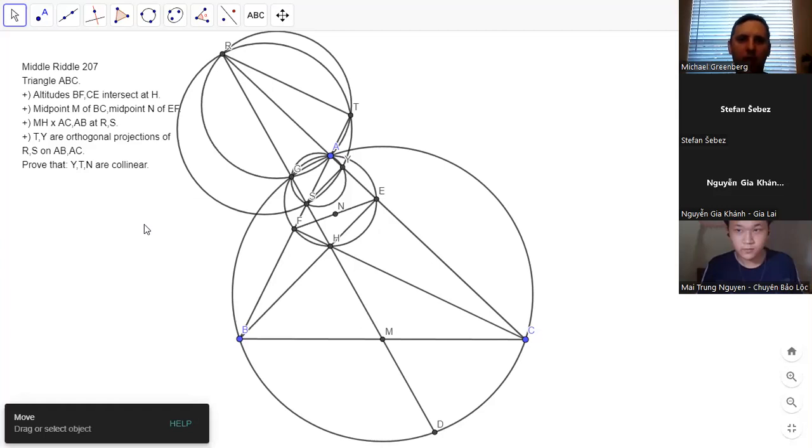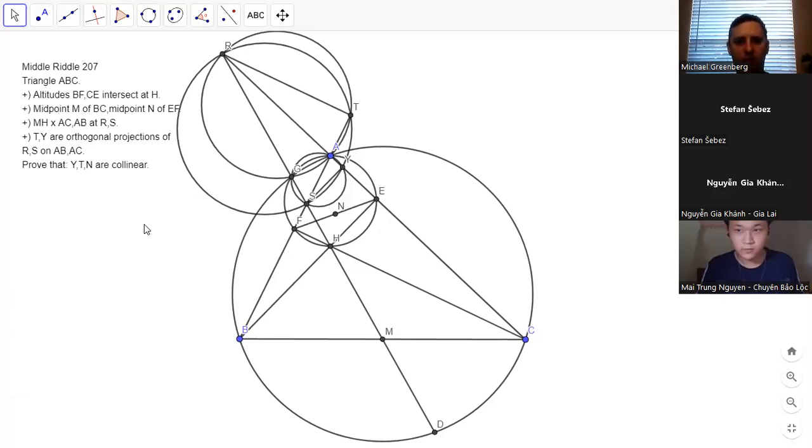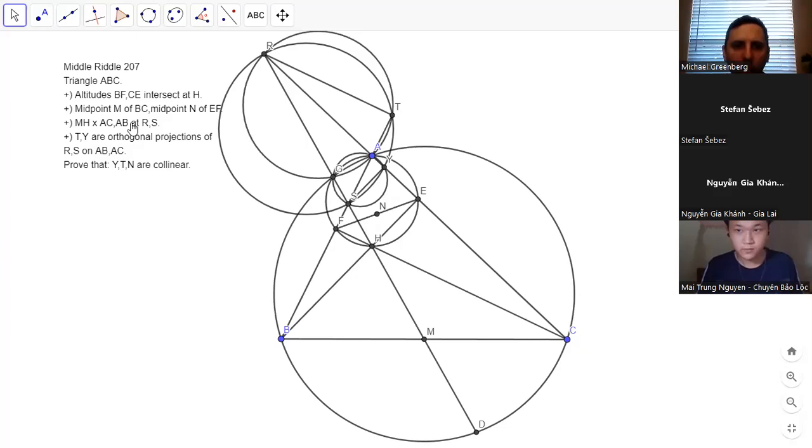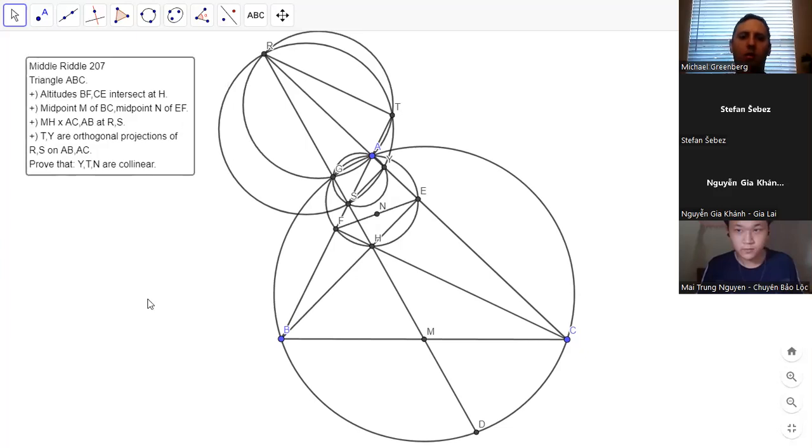I mean, it is not complete, but at least we have that H, Y, and T are collinear. But the thing is, if we show H, N, and Y are collinear, then by symmetry that would solve the problem because it would mean that H, N, and T are collinear. It's still an interesting idea. Oh, okay. This is actually also easy, as HS is the C-median and HN is median.